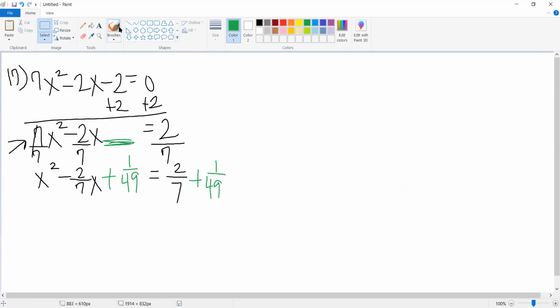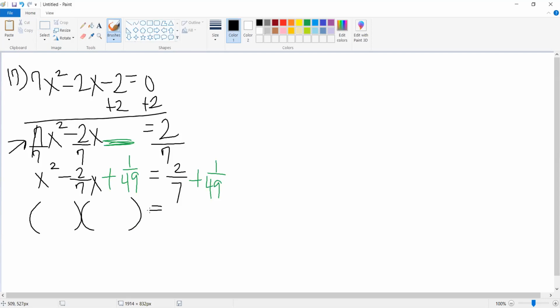Now, although it doesn't appear to be this way, the left side of our problem is actually a perfect square trinomial. So it can be factored.